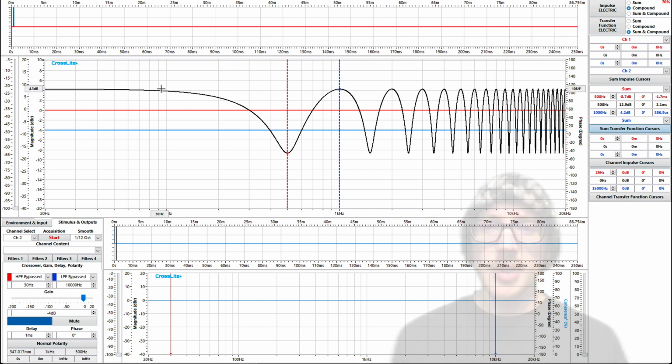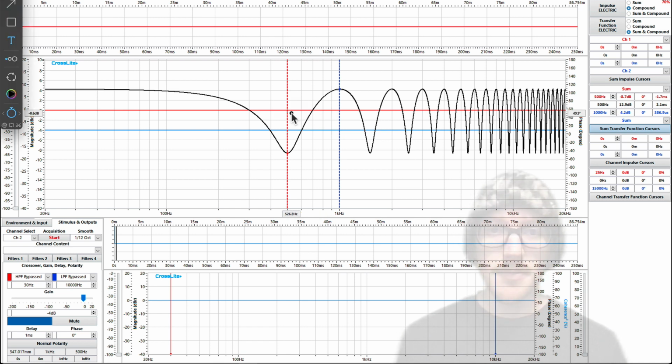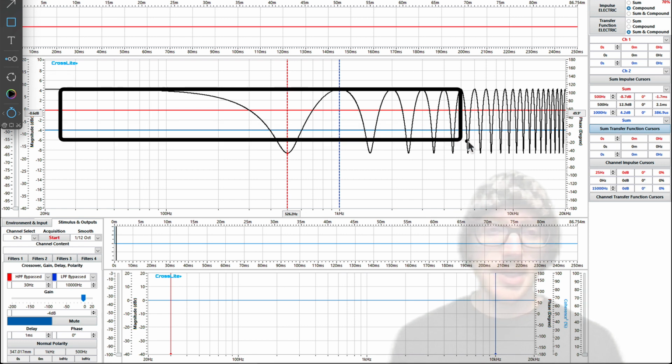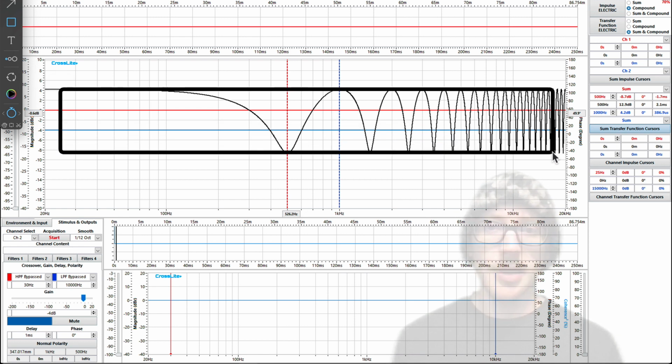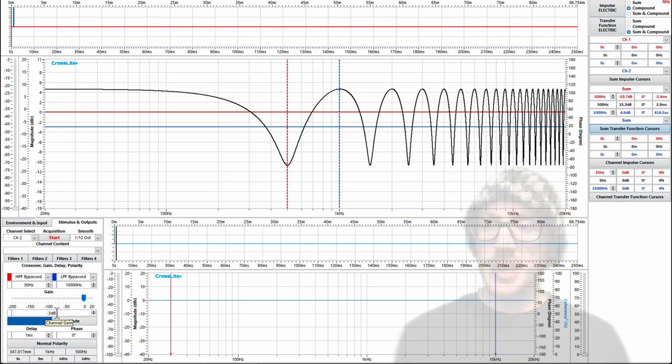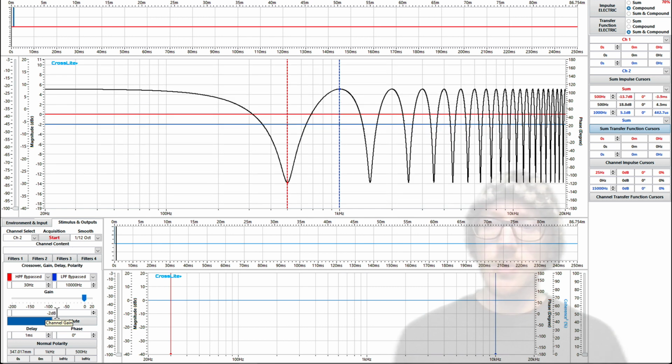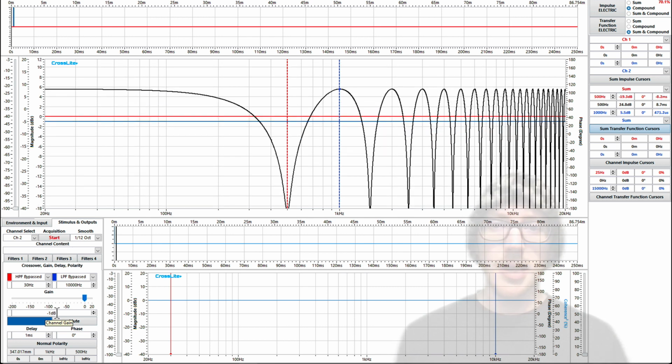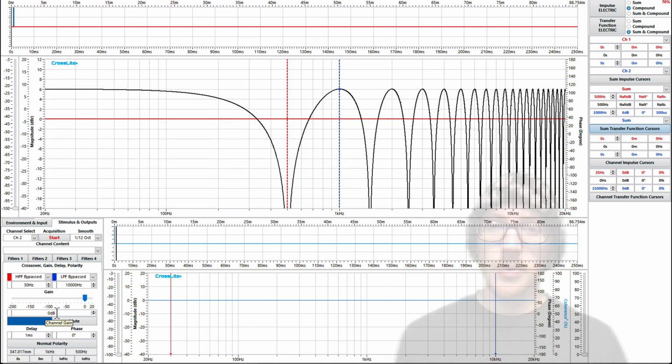So the ripple is this shape from top to bottom, and if I look at the delta now, it says 12.9 dB. So we're looking at this kind of 12 dB ripple here. And if I were to make this level offset smaller, we're going to see the ripple get worse and worse until we were back to where we were earlier.